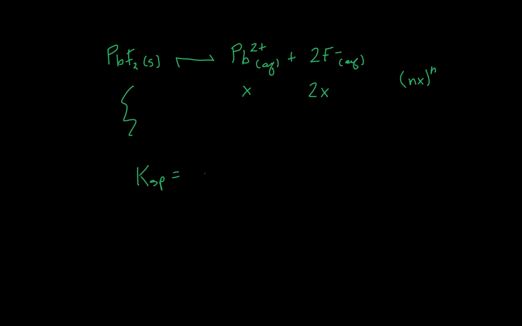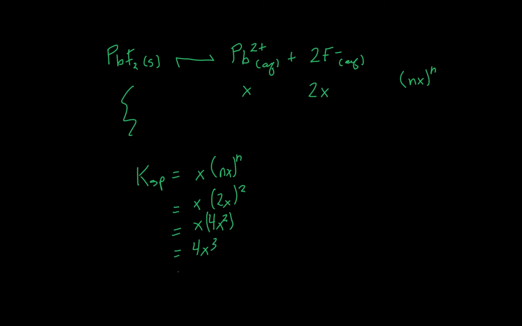It's going to look like x times, we're going to use nx to the power n, and we're going to put in the 2 that we have with the fluoride ions. So we'll have (2x) squared, and when we square this bracket here, we get 4x squared, and times the x, that gives us 4x cubed.